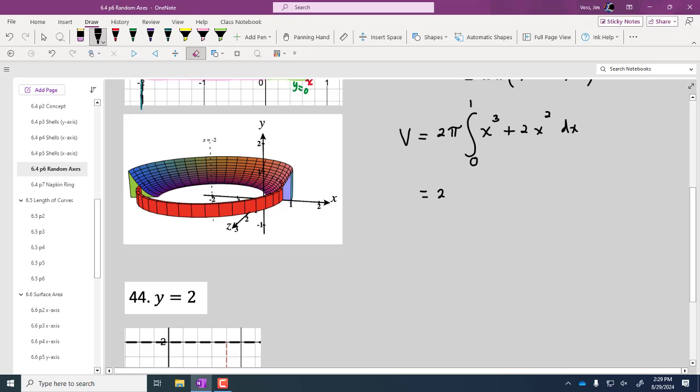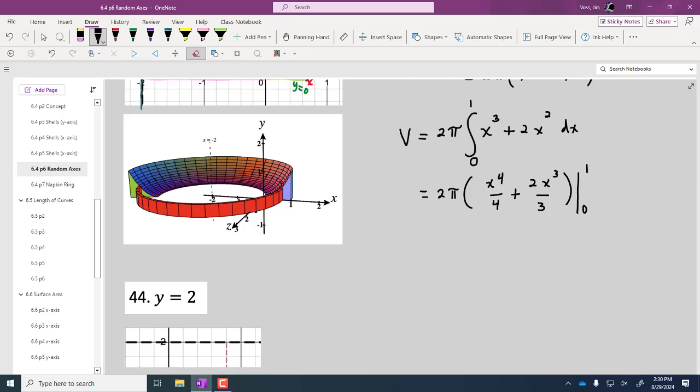So we will have 2 pi multiplied by x to the 4th over 4 plus 2x cubed over 3 from 0 to 1. And plugging in 0 is not going to contribute anything. So we have a 4th plus 2/3.